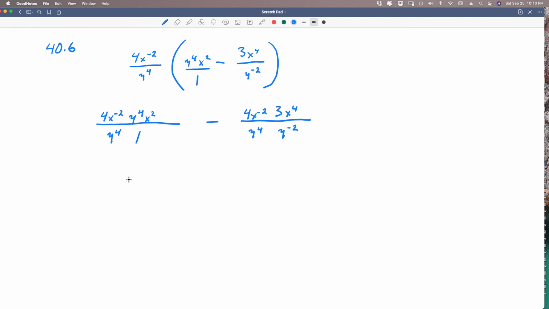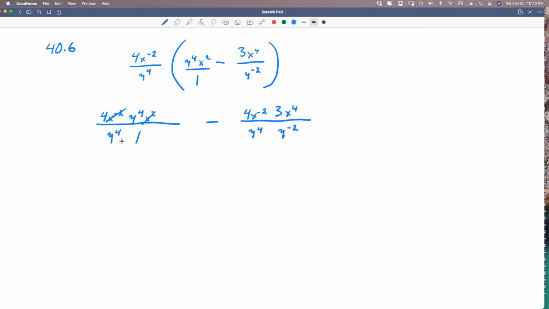All right, now we can do the squish. So the first thing I see is that we have x to the negative 2, x to the positive 2. Negative 2 and positive 2 cancel, so they become 0. And now I can see we have a y to the 4 here and a y to the 4 here.